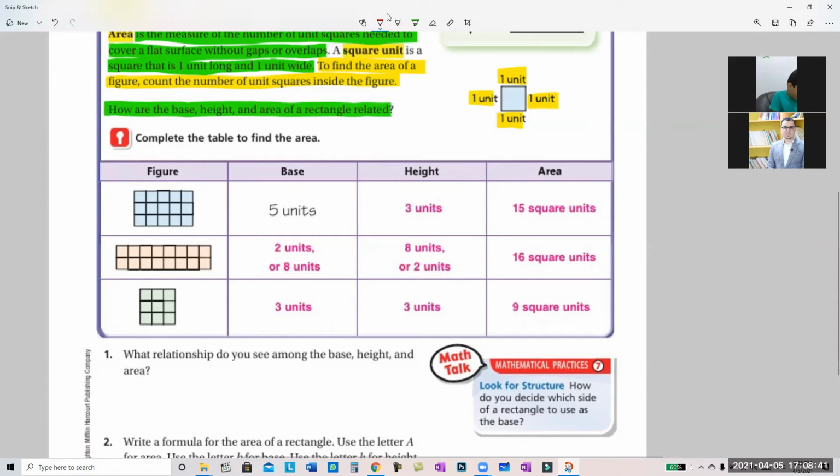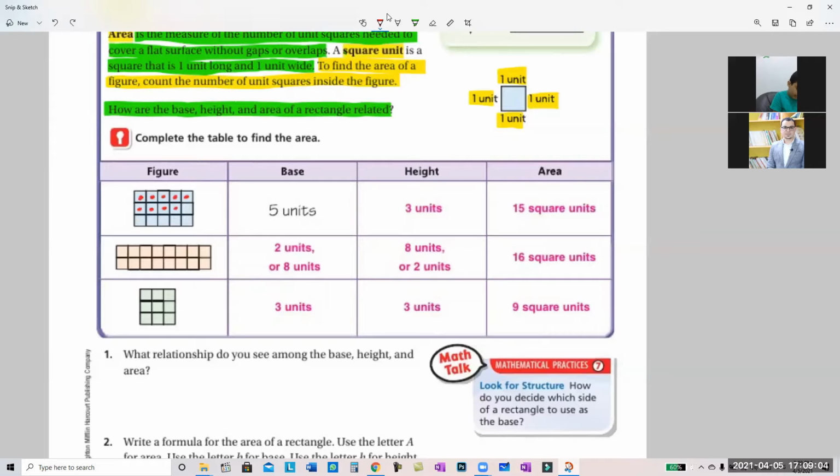Let me count it for you. We have 1, 2, 3, 4, 5, 6, 7, 8, 9, 10, 11, 12, 13, 14, 15. So we have 15 square units here. That's the area of this figure.